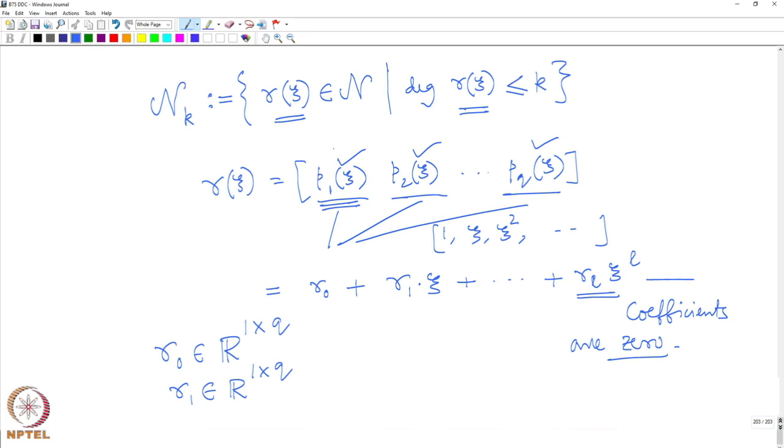I just look at all these polynomials P1, P2 up to PQ, and I look at their degrees. I have to go only as much as the highest degree of these polynomials.